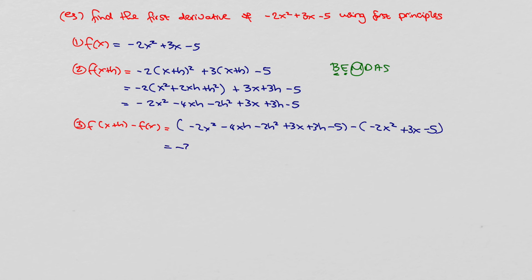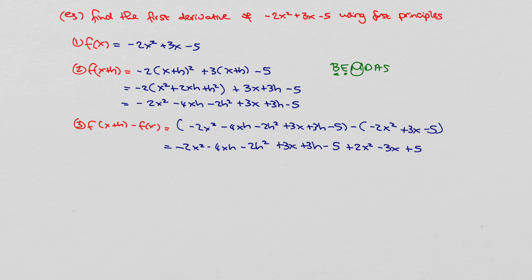So we have minus 2x squared minus 4xh minus 2h squared plus 3x plus 3h minus 5. And now we have to be careful here. So it's minus 2x squared, which is plus 2x squared, minus plus 3x, which is minus 3x, and minus 5, which is plus 5. Because remember, really what we're saying here is minus 1 times everything in that second bracket.